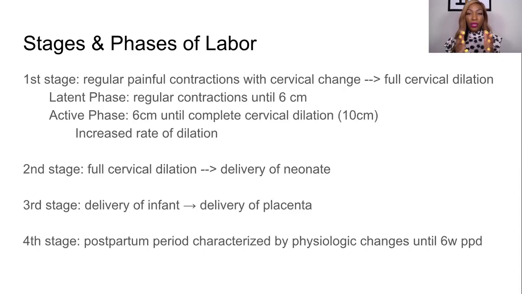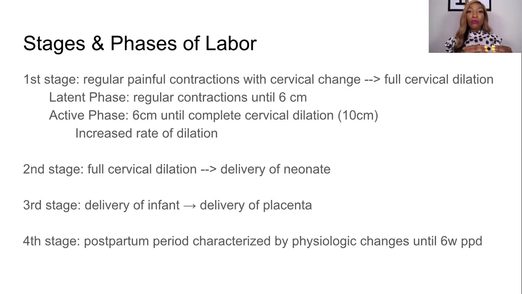And this happens with a network of different hormones, such as prostaglandins thinning out the cervix, okay? I say prostaglandins because when we talk about induction of labor in another lecture, we will introduce you to prostaglandins, and prostaglandins help us to prepare the cervix for labor or for the induction of labor.